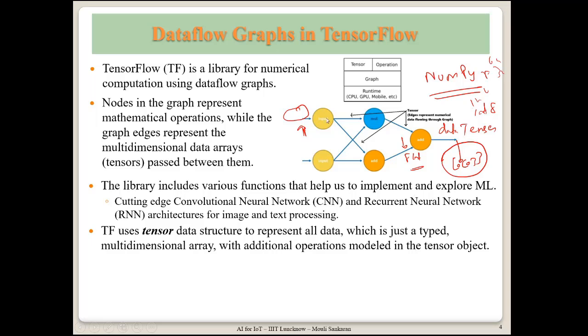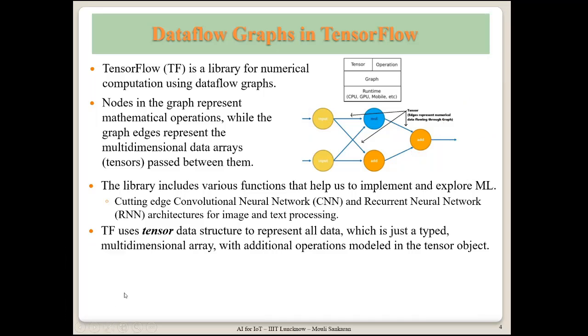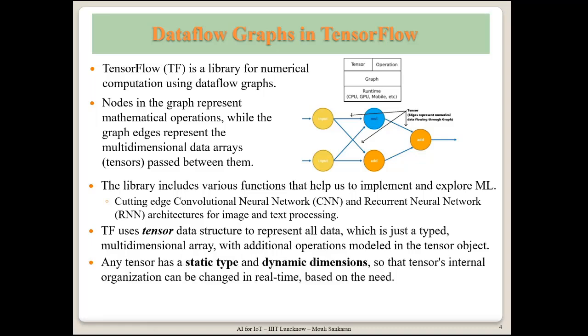So while I mentioned that the tensor is a data structure that can have any number of dimensions in the array, each of the elements in the array has to be of some particular type. There are various types supported, I will talk about it. Keep in mind it has to be of one type during the execution of one particular model. That's why I say a tensor has a static type.